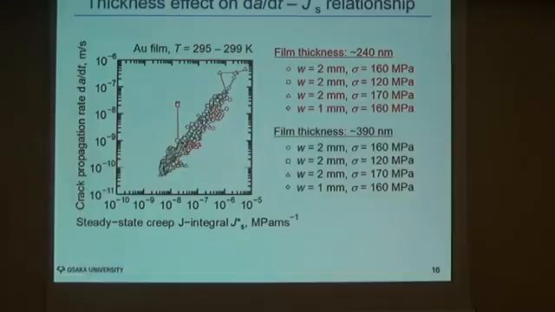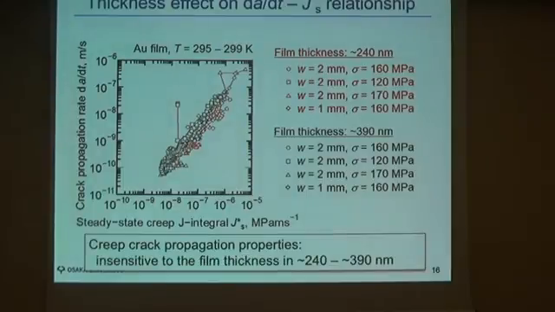And finally, I'd like to discuss the thickness effect on the creep crack propagation property. In this figure, the results from all the experiments are plotted. And you can see that all the results are close to each other irrespective of the film thickness.